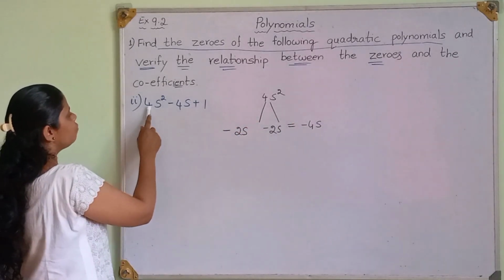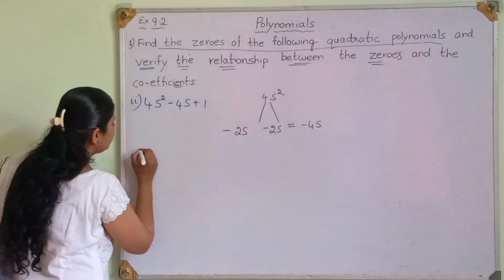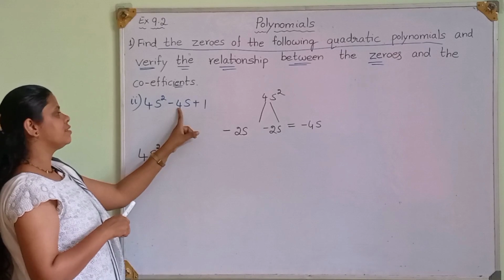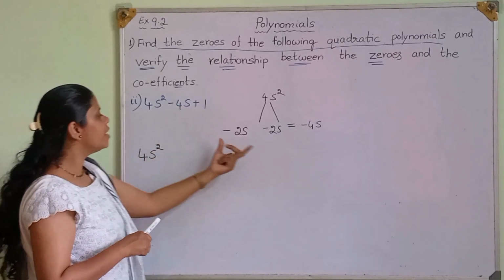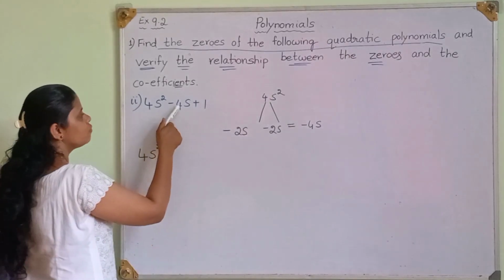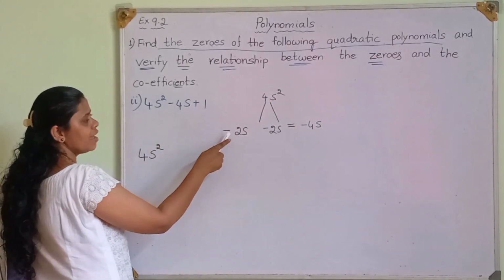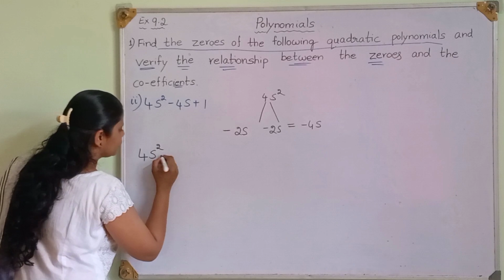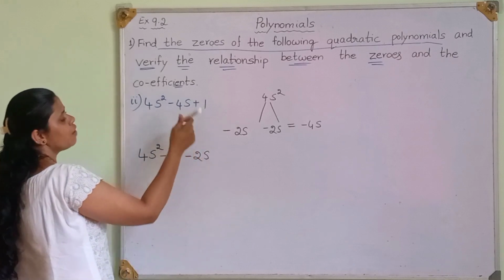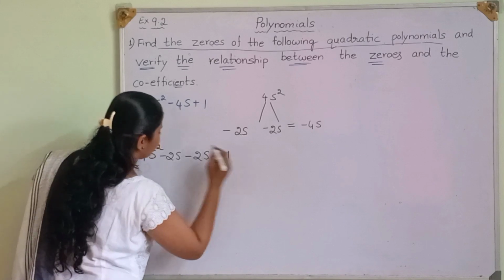Now, for this 4s square, let me write 4s square. This minus 4s, I can replace it as minus 2s minus 2s, right? For this plus 1, let me write plus 1.